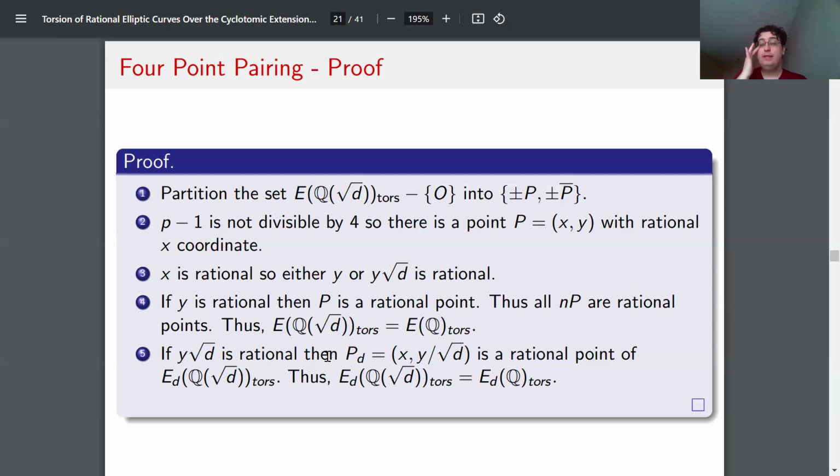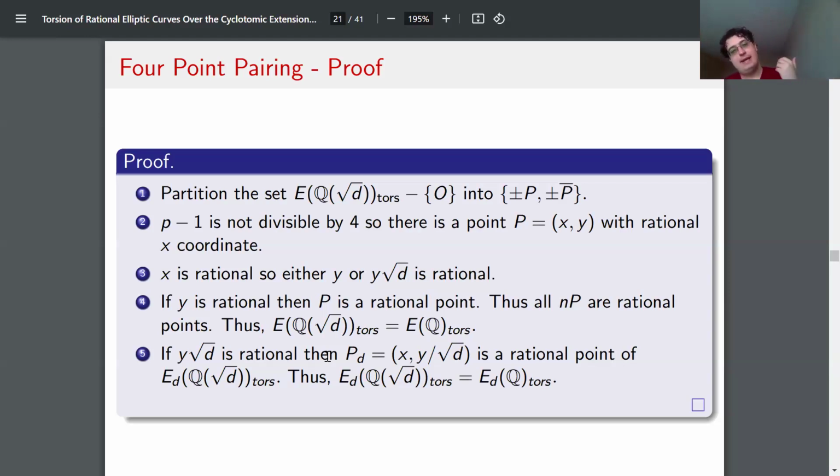And since p minus 1 is not divisible by 4, there's a point P such that its orbit contains only 2 elements. And P cannot be minus P, because there are no 2-torsion points. So P must be either P-conjugate or minus P-conjugate.